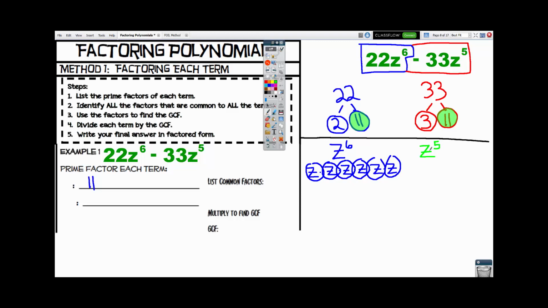Okay, and same thing over here with the z to the power of 5. In expanded notation, that would be z times z times z times z times z. 1, 2, 3, 4, 5. Circle them.